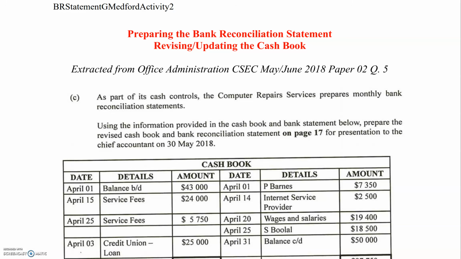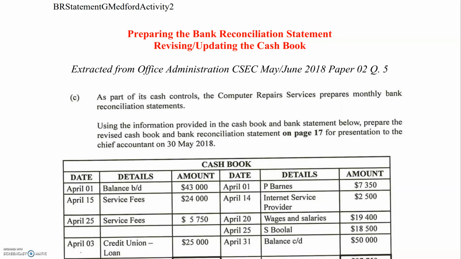Okay, so the question reads, as part of its cash controls, the computer repairs services prepares monthly bank reconciliation statements. Using the information provided in the cash book and bank statement below, prepare the revised cash book and bank reconciliation statement on page 17, which was in the paper, for presentation to the Chief Accountant on May 30th, 2018.